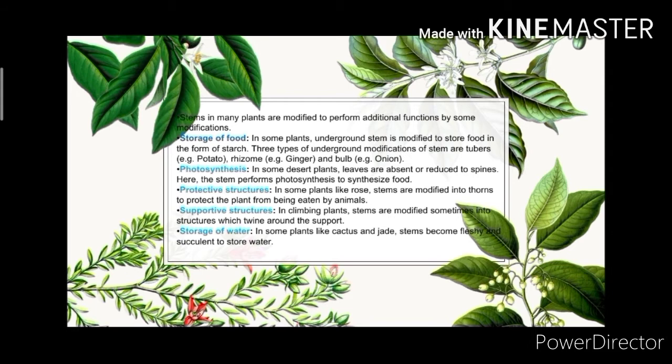This will generally protect the plant from excess water transpiration, and also helps in the process of photosynthesis. And sometimes it acts as a supporting system. Sometimes stems are weak, so they twine around other plants to grow, so that is for supporting purpose also.